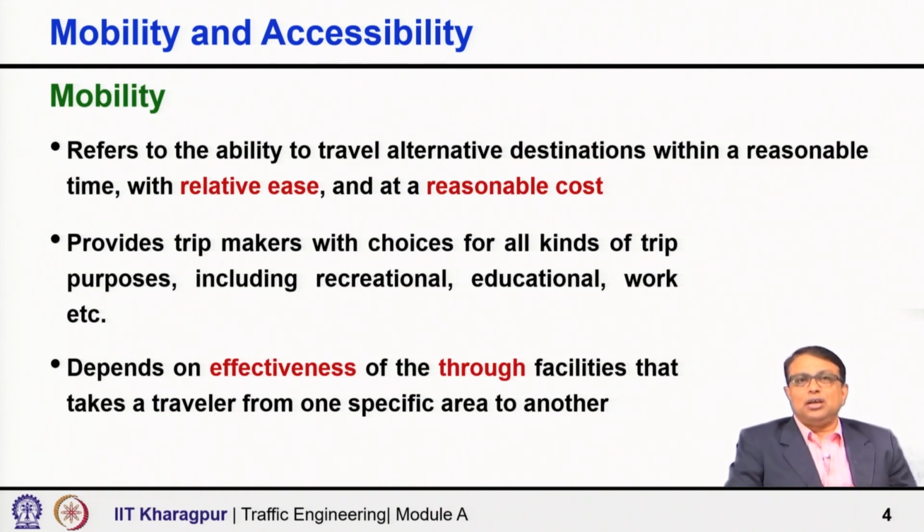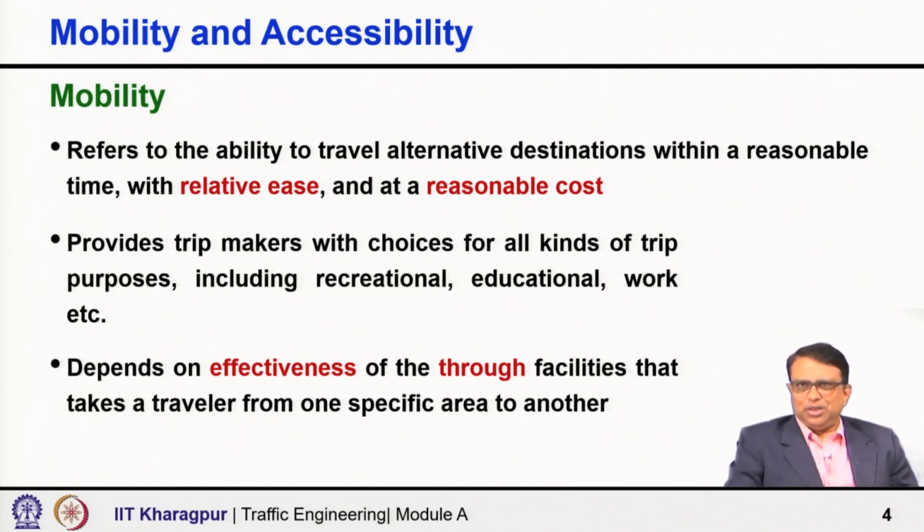Mobility depends largely on the effectiveness of the through facilities that take a traveler from one specific area to another area. Maybe if you are traveling from point A to point B, it is 50 kilometers or 60 kilometers or 100 kilometers, then the mobility will depend largely on those long distance segments, on how effective the through facilities are.